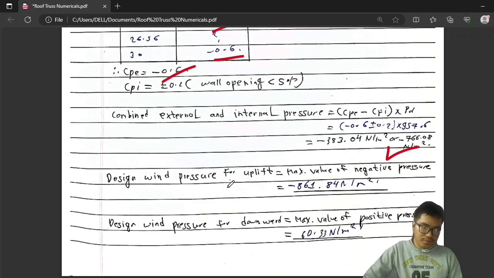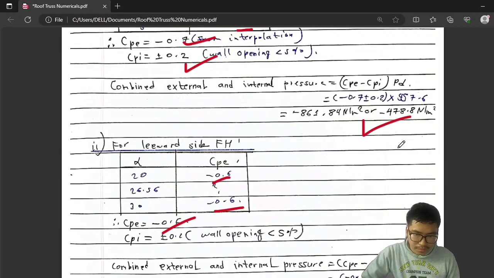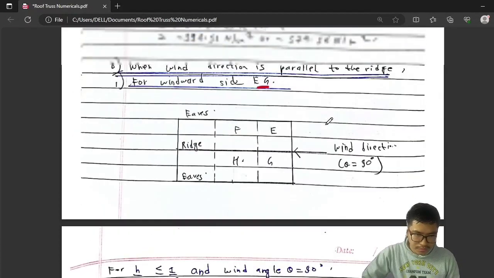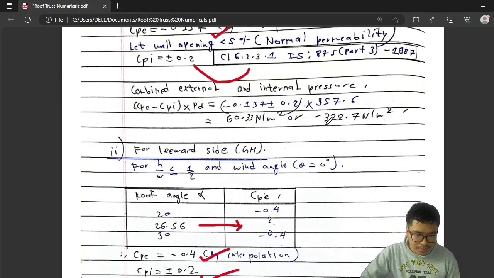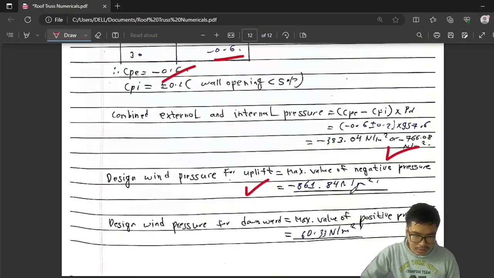So design wind pressure for uplift should be negative. Highest negative is minus 766. Minus 861 is more than that previous. So highest negative is this minus 861.